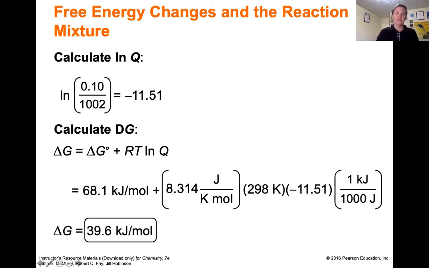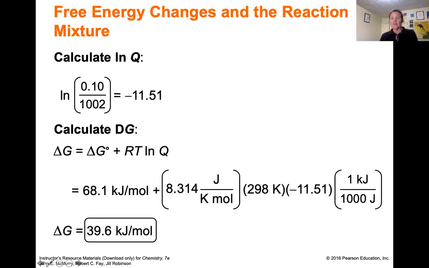So you get the natural log of 0.1 divided by 100 squared, put it into the equation. They're using the gas constant in joules per K mole and converting over here on the far right-hand side, converting the joules and the gas constant into kilojoules, adding them together and getting 39.6.